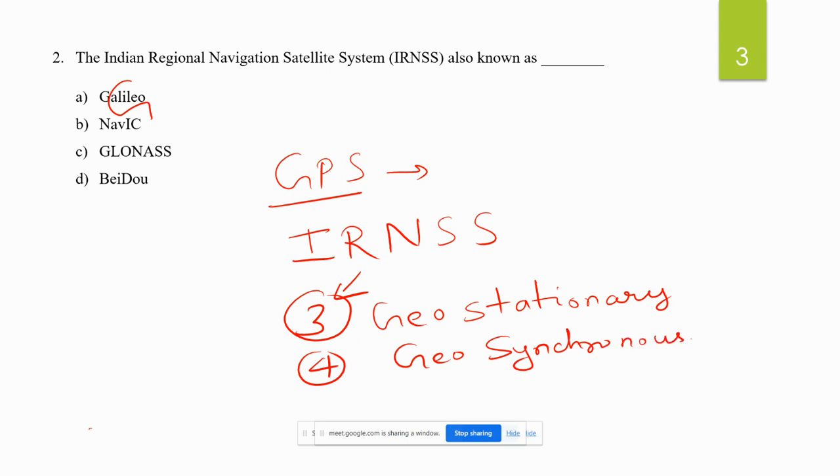So these are the seven satellites present in IRNSS, and it is also called NAVIC. So you can see the answer is B. This was just a theoretical question to know how updated you are.